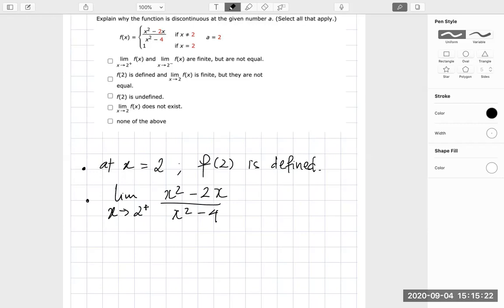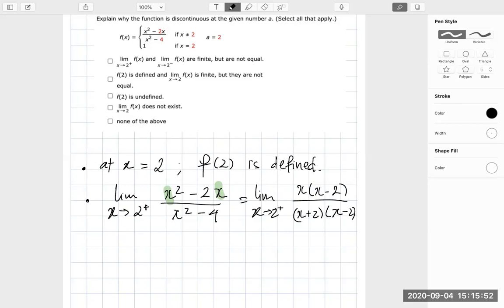Okay, and we see that the numerator we can factor out. Here, x is a common factor, so take it out. It will be x times x minus 2. And the denominator, we know that it is x plus 2 multiplied by x minus 2.